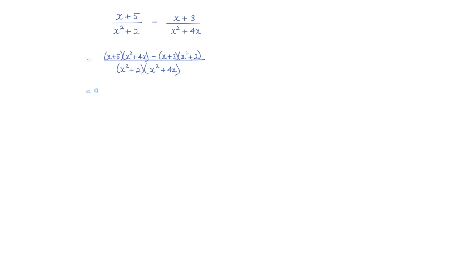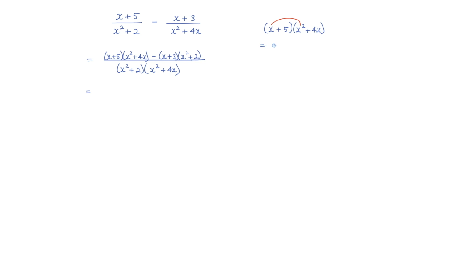And the next step is to start to expand brackets. So we've got double brackets here, and hopefully you remember Mr. Smiley Face. Now what I'll do, I'll just write the brackets over here. So we've got x plus 5, and then we've got x squared plus 4x. Now when we're doing Mr. Smiley Face, if you remember, what we do is we take this term and multiply it by this term.